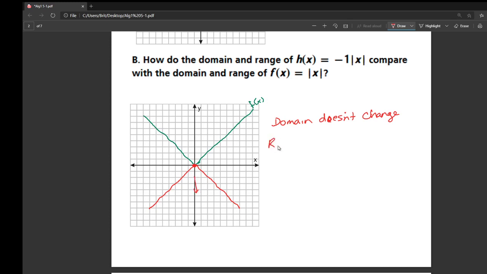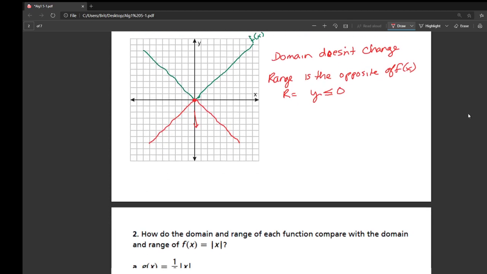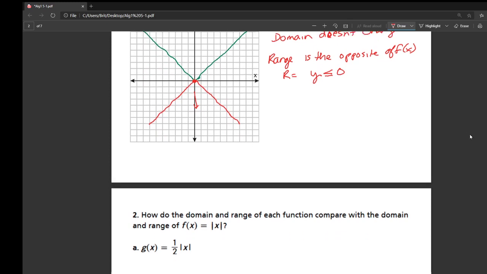So the range is the opposite of f of x. Our range in this case is y is less than or equal to 0. So reflecting the graph upside down changed the direction of our range.